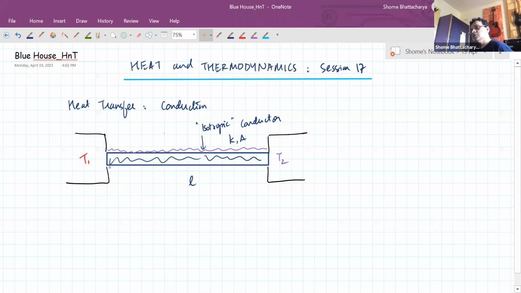So the outer surface is insulated, so heat only flows along the length of the rod and does not escape from the surface. Okay, so this is insulation.